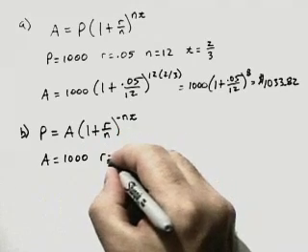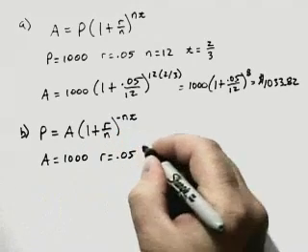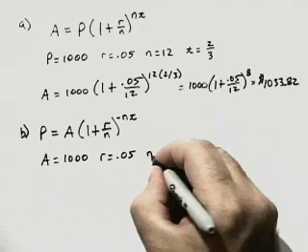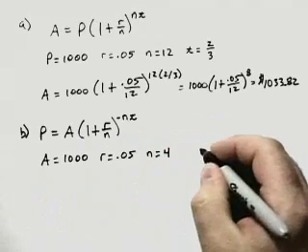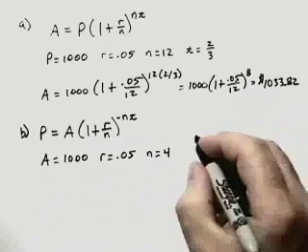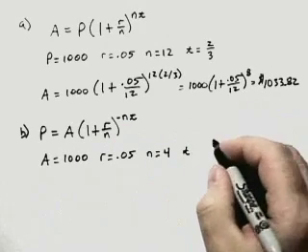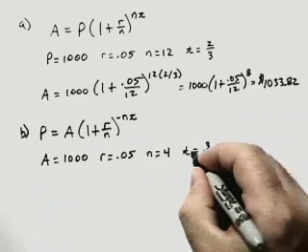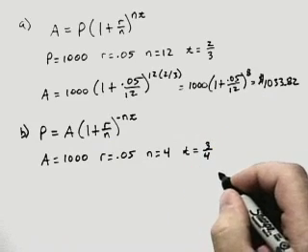The interest rate was 5%, so R is 0.05. We compound quarterly, so N is 4 times per year. And we want the $1,000 after 9 months, which is 3/4 of a year, so T is equal to 3/4.